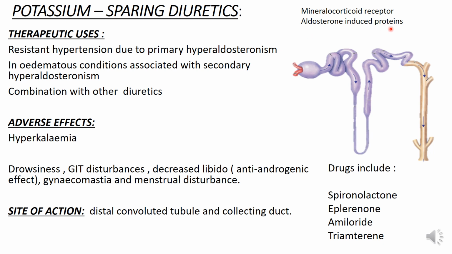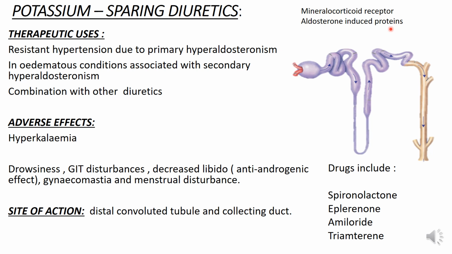The function of AIP was to absorb sodium. So if there is no formation of AIP, there will be no absorption of sodium and there will be no loss of potassium. Its function is done: its function is to prevent the loss of potassium. Spironolactone and eplerenone prevent the loss of potassium.